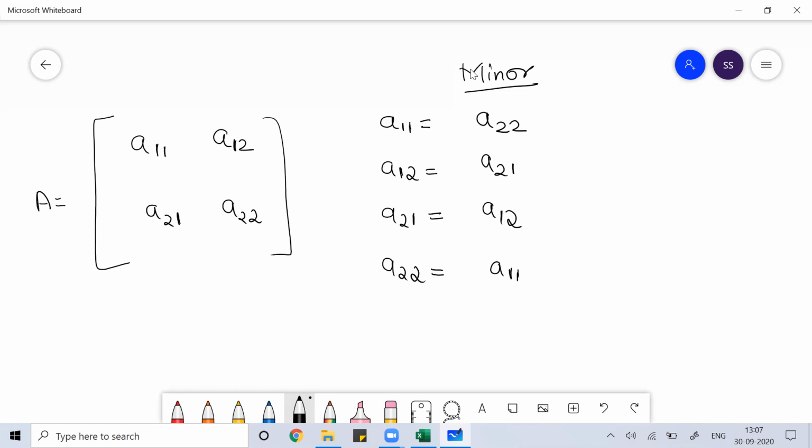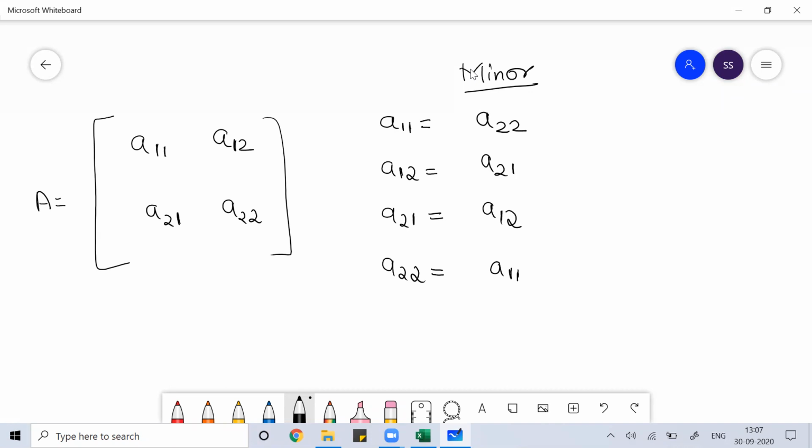Any doubt? So what is basically a minor? You just have to exclude that row and column, and the set of elements left is the minor. Clear, everyone?